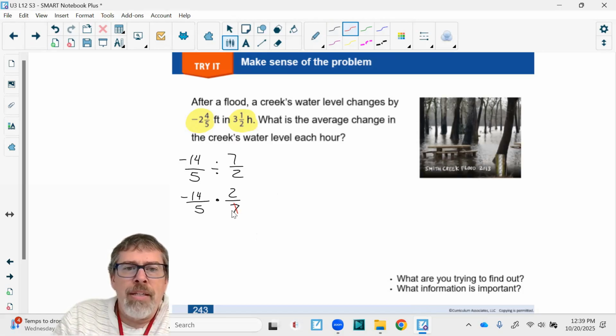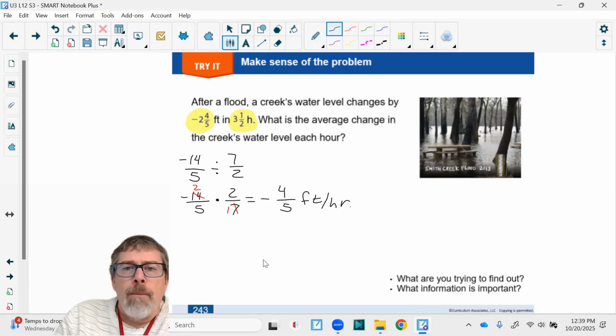I have a 7 in the denominator and a 14 in the numerator. 7 will go into 7 one time, and 7 will go into 14 two times, so I can reduce. A negative times a positive is negative. 2 times 2 is 4, and 5 times 1 is 5. So this is negative 4/5 feet per hour. It's decreasing.